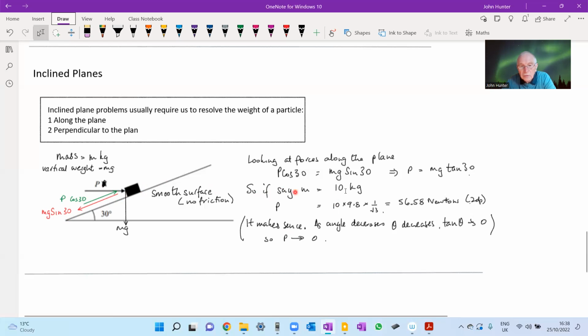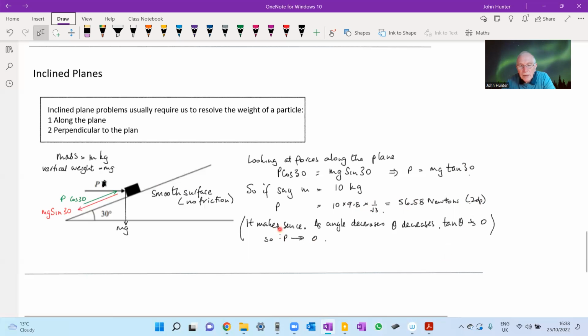If we elaborate on that, say the mass was 10 kilograms, then we would calculate the force P as being the mass times the gravitational constant 9.8 times tan 30, which is 56.58 newtons to 2 decimal places.